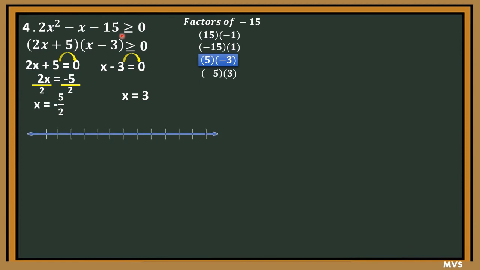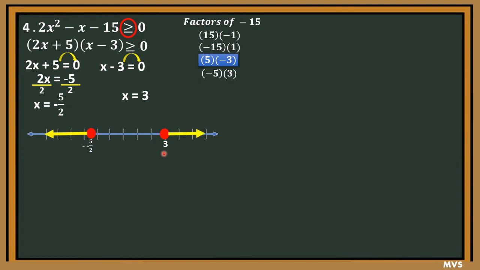Since the inequality symbol here is greater than or equal to, therefore we're going to use the solid dot. It means that -5 over 2 and +3 are included in the solutions. And the solutions are found on both sides.